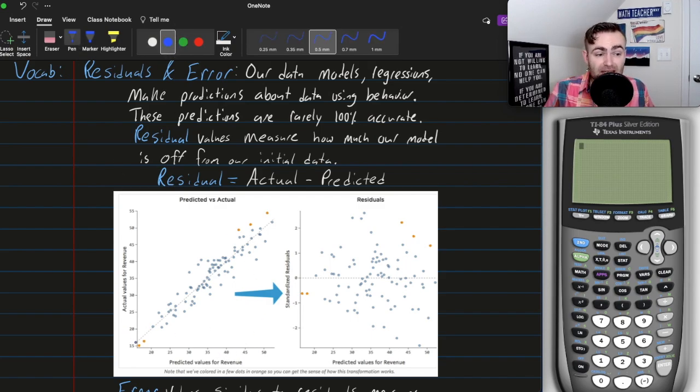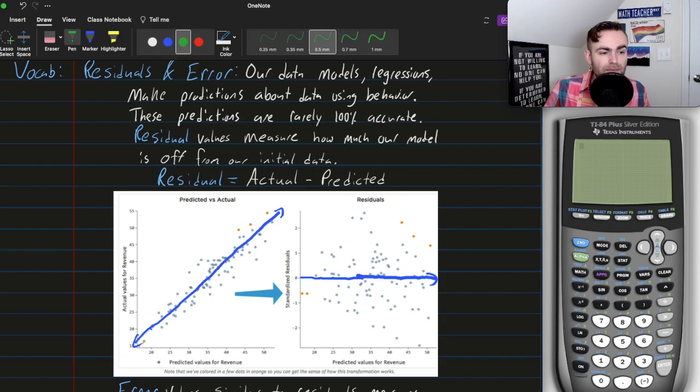So we can see we have a line of best fit right around here. It's a little hard to see because I stole the graphic from the internet. I'm sorry. So this is our linear regression. This is a plot of our residuals. So the 0 corresponds to our linear regression line.